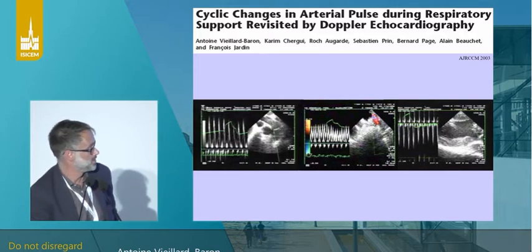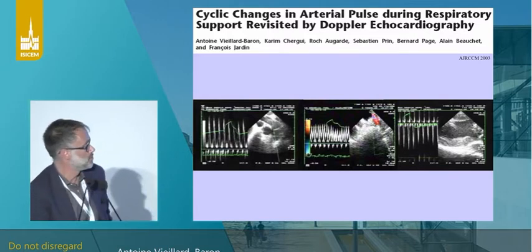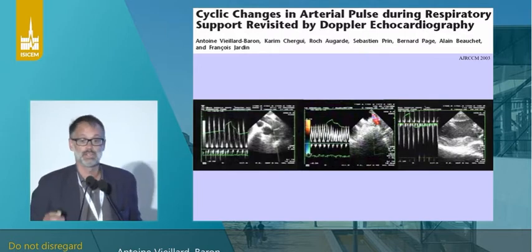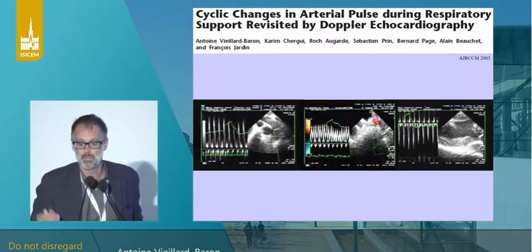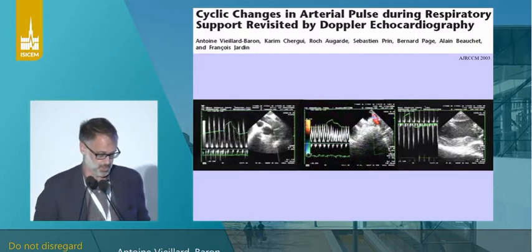You see, as a consequence, because the LV preload was decreased, you observed a decrease in the LV stroke volume during expiration. So this is very simple and obvious, but very key to keep in mind when you want to better manage the patient and resuscitate the patient.